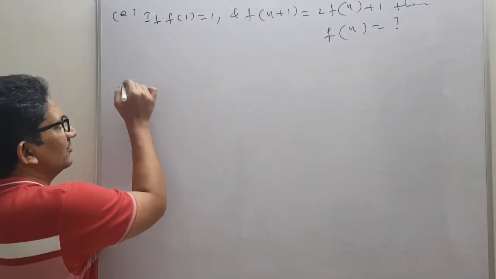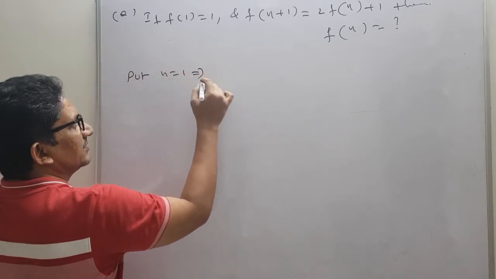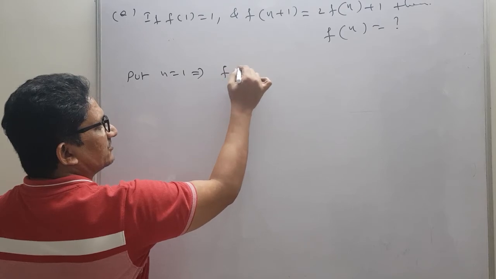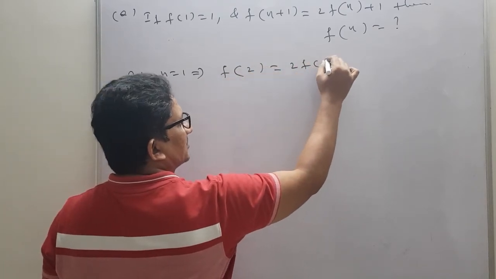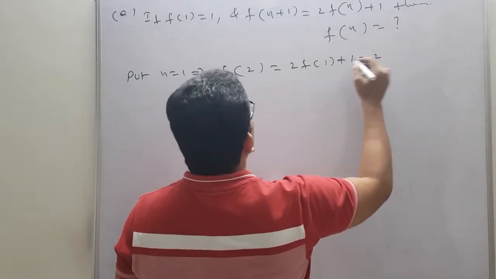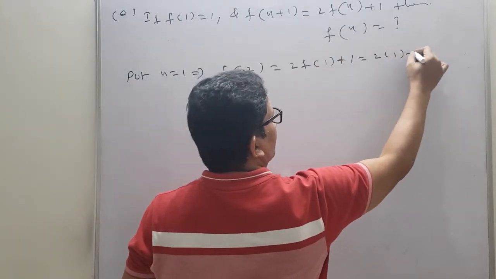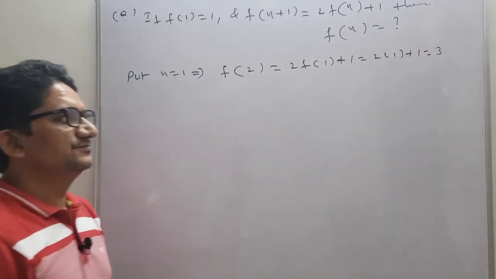Put n equals 1: f of 2 equals 2 times f of 1 plus 1, that is 2 times 1 plus 1, so we get 3.